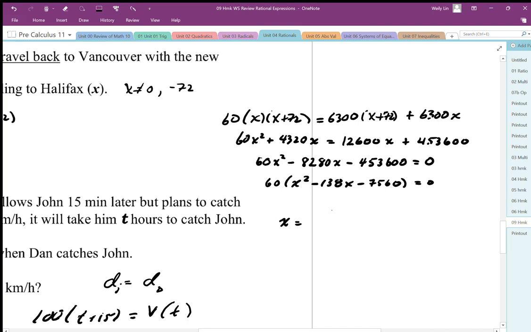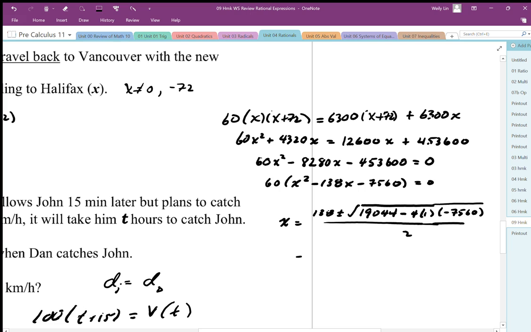I get x is equal to 138 plus or minus the square root of 138 squared. That's going to be 19,044 minus 4 times a times c, and that's all over 2.